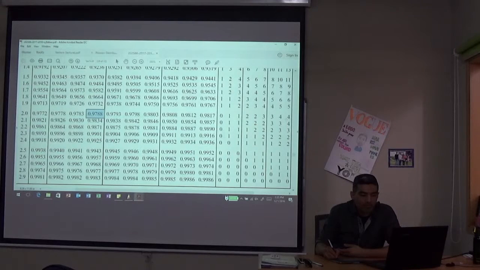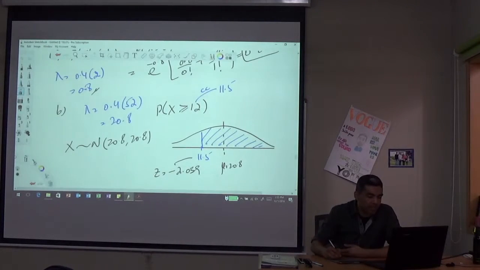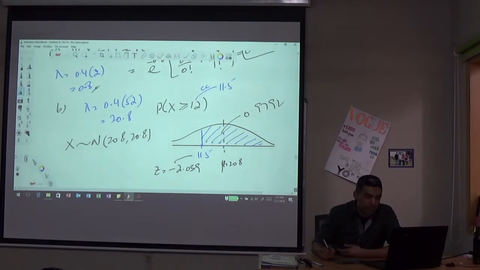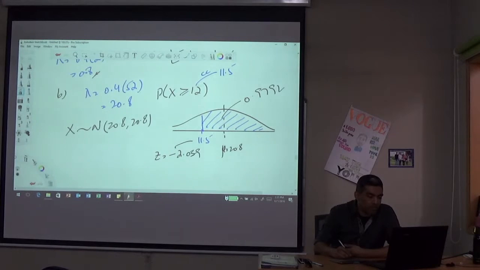Can you all see that? The table is already giving us the body area. So the final answer should be 0.979.